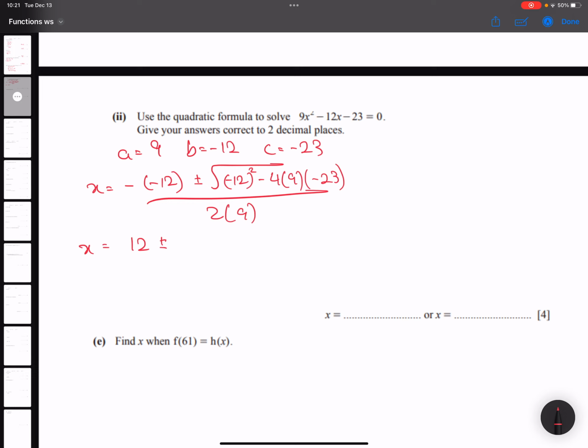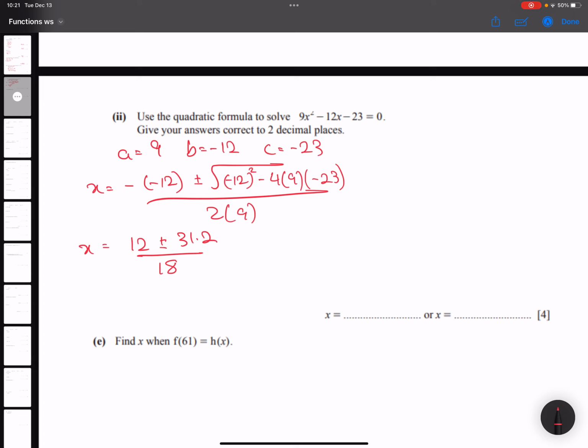It's going to be the square root of 144 minus 4 times 9 times negative 23. That is going to give me 31.2. So 31.2 divided by 18.